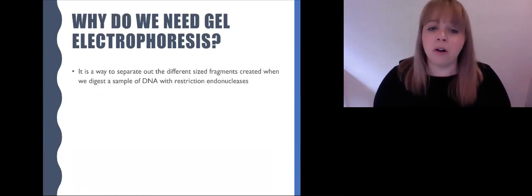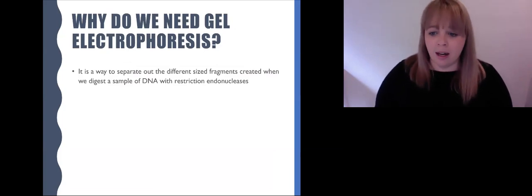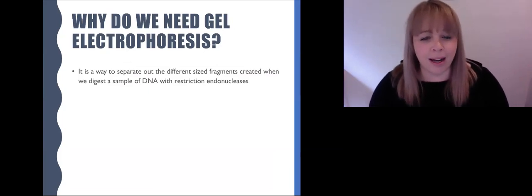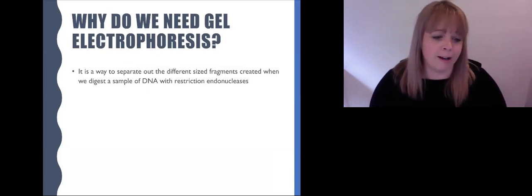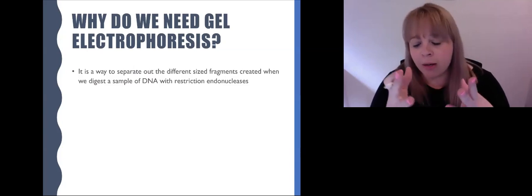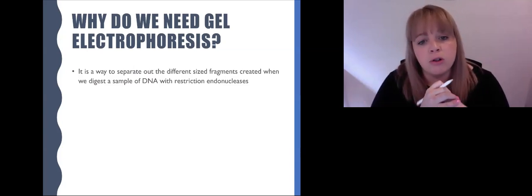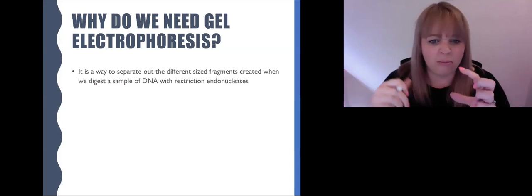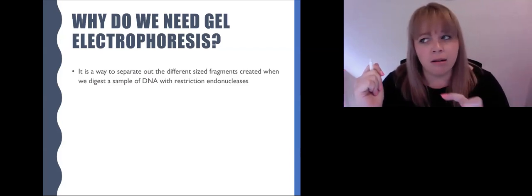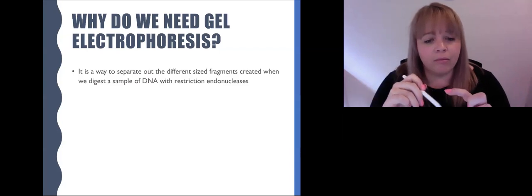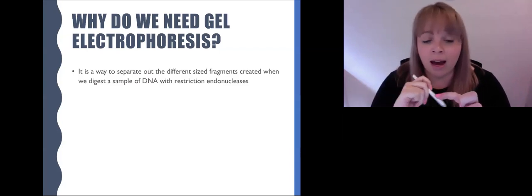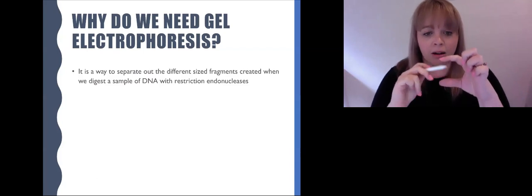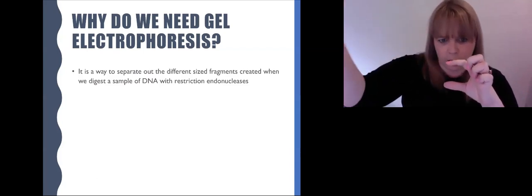Why would we want to do that? So what is the point? Why do we care about separating out different pieces of DNA? So remember, when we use a restriction enzyme or a restriction endonuclease, we just cut a piece of DNA. So that's all happening in a tube, and we don't know where the bits are. You can't extract them using a microscope. You can't just go, oh, I'm going to take the little bit here.